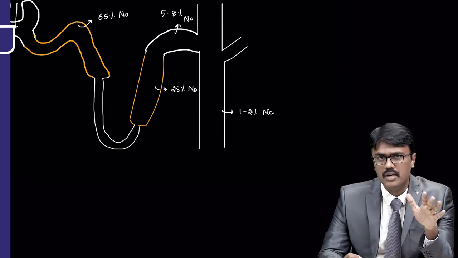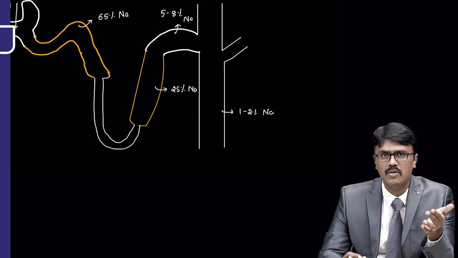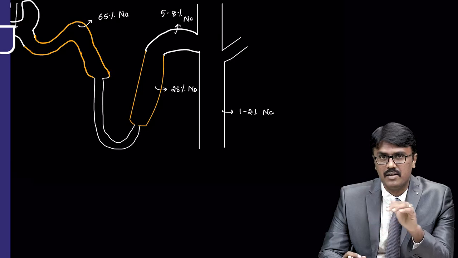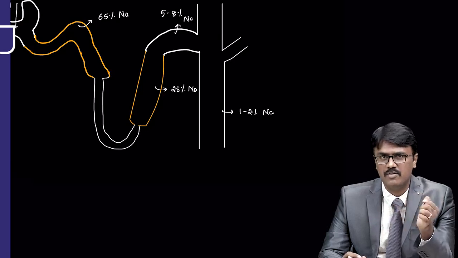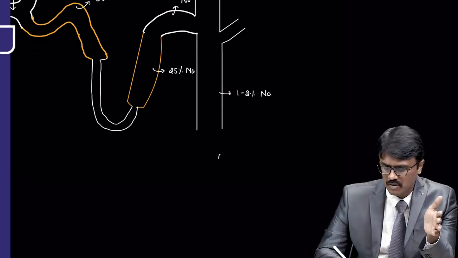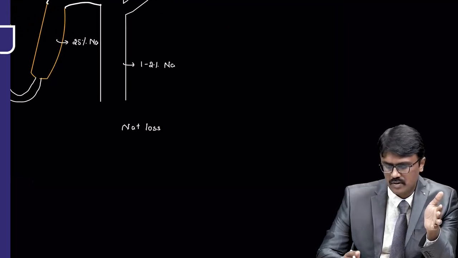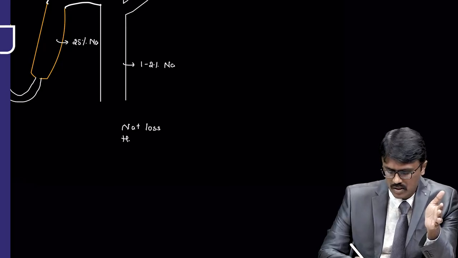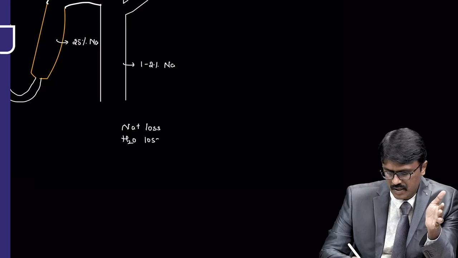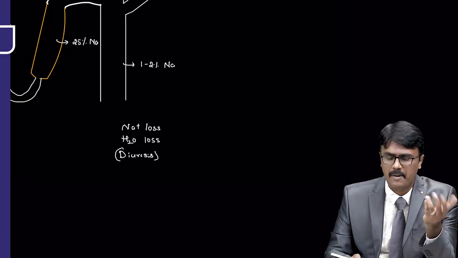Now if I stop the reabsorption of sodium, sodium will go out in the urine, and wherever sodium goes, water follows. But remember, wherever water goes, sodium will not follow. So if I don't allow the sodium to be reabsorbed, sodium will be lost, and when the sodium is lost, water is also lost. That is what we mean by diuresis, and the drugs which do that are called diuretics.